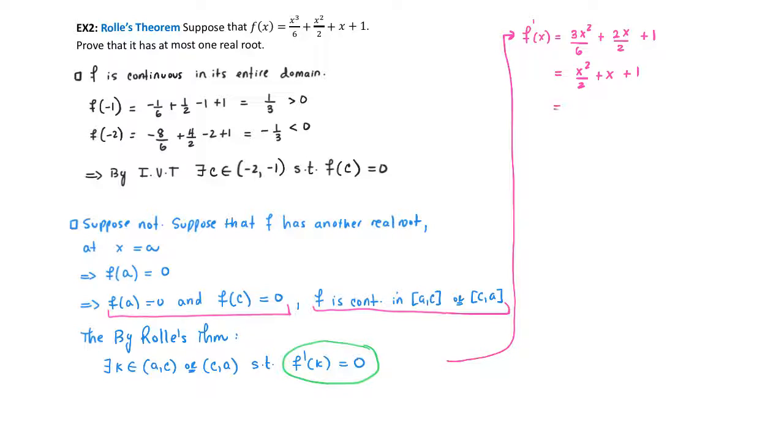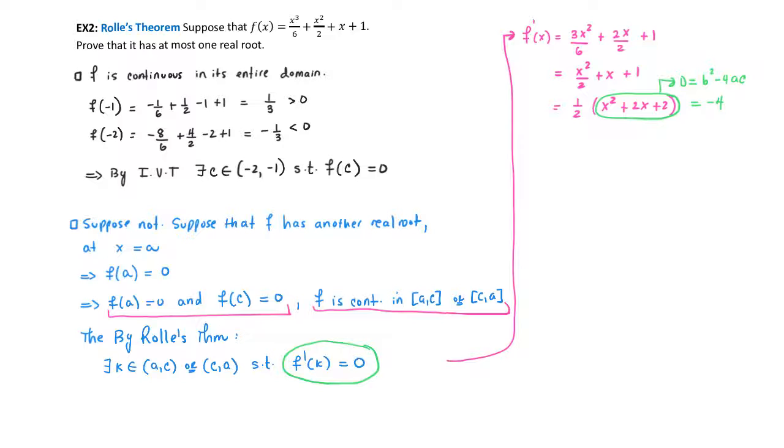Then I'm going to factor 1/2 out, and when I do that, I'm going to get x squared plus 2x plus 2. And now, if you examine this quadratic, the discriminant, if you remember that discriminant is equal to b squared minus 4ac, ends up being -4.